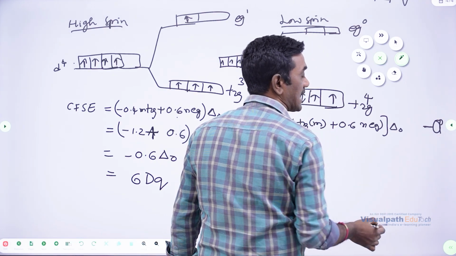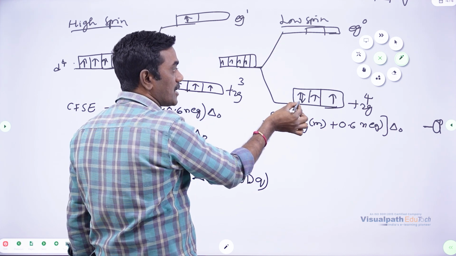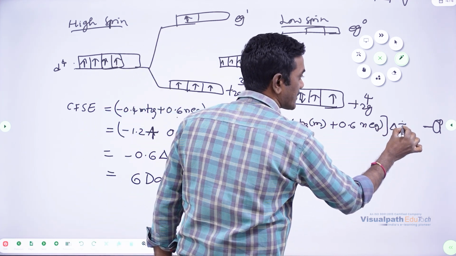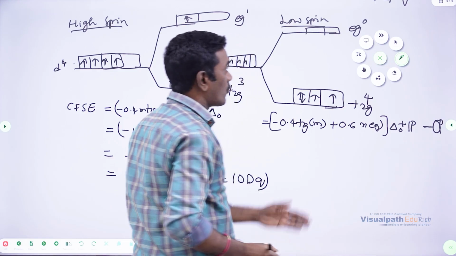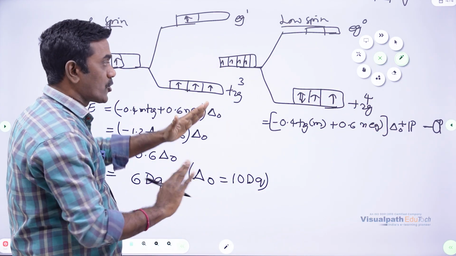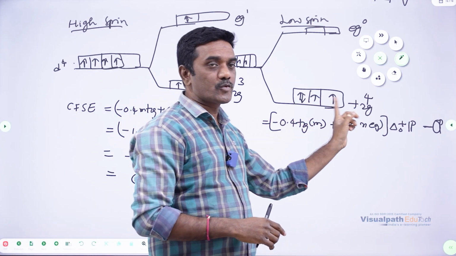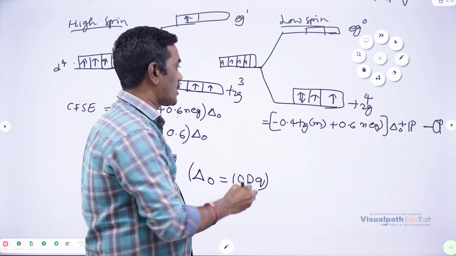In the field after ligand field, how many pairs? 1 pair will come here. In the case of low spin, we have to consider the pair. In the case of high spin, no need to consider pair because they both will be the same and get cancelled. Here both will not be the same, so 1 pair will come into the picture.